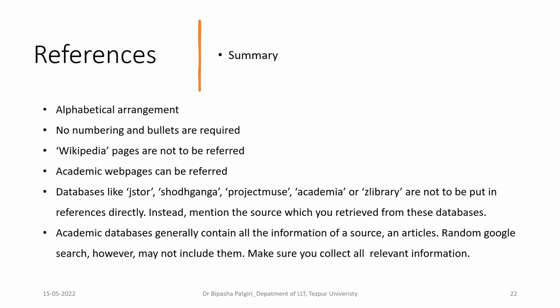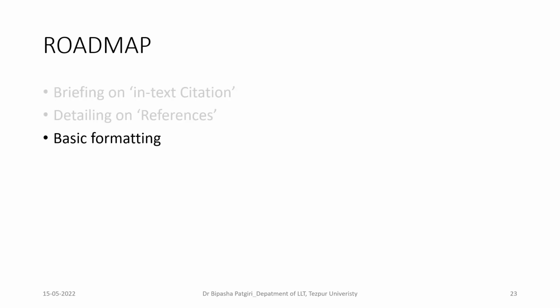Generally, JSTOR articles or even Shodhganga theses give you the information on the title page, like who the author is, where the article first appeared, who the publisher was, and so on. All this information you get from the front page or title page of the work.